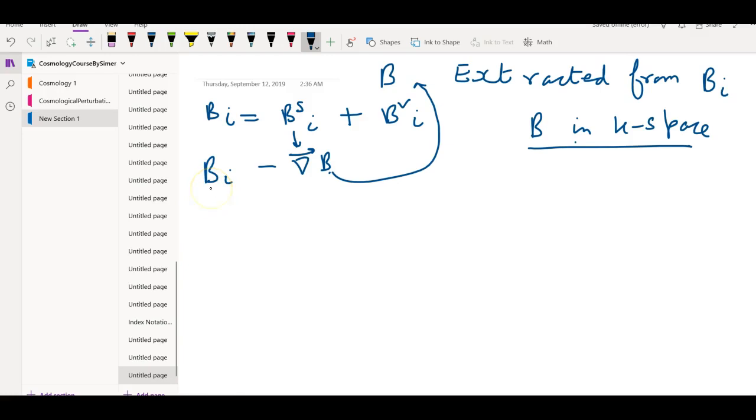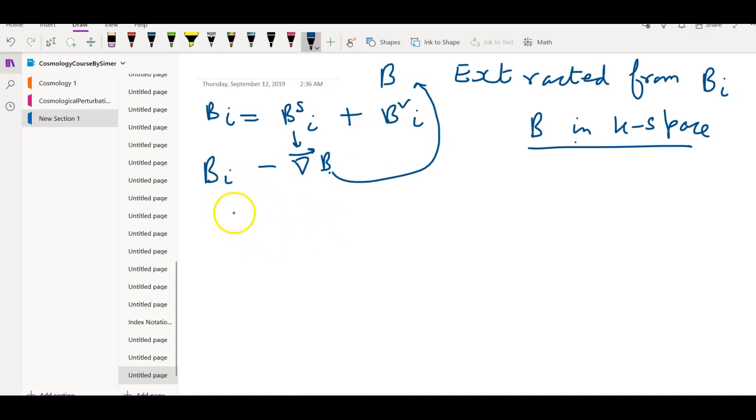So when we look at equations, we want to see as if, when we are looking at B, we are looking at B_i. But right now they are not the same because dimensionally they are different.